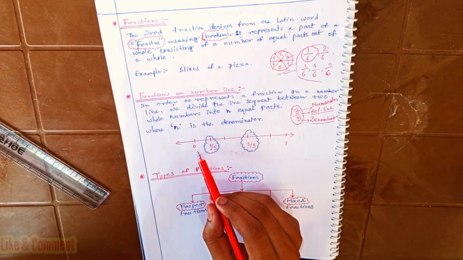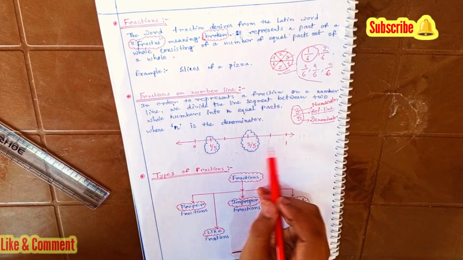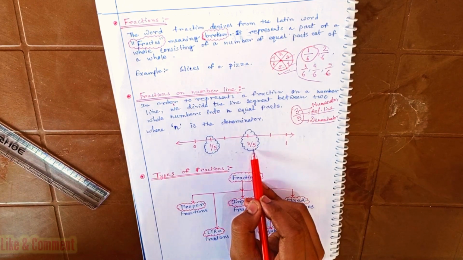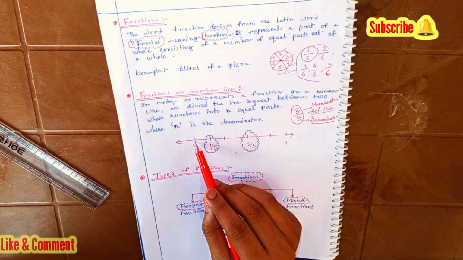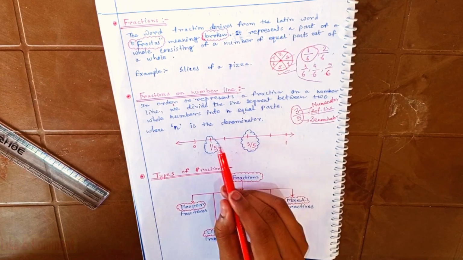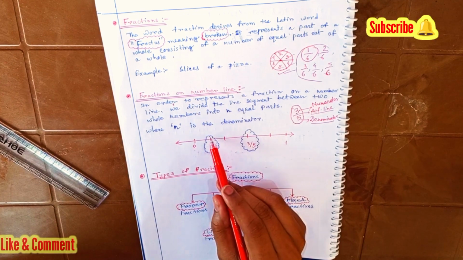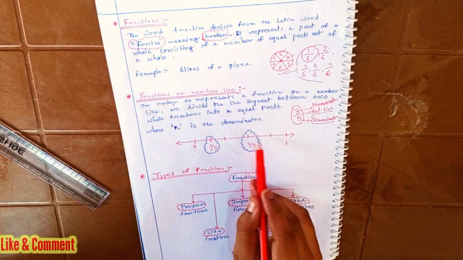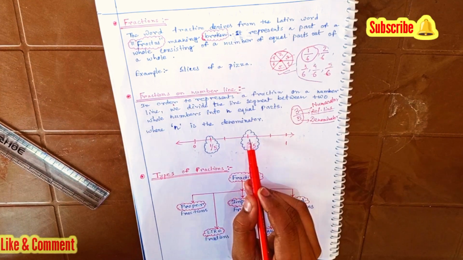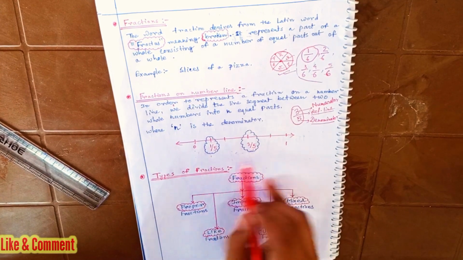In the number line, that is 0 and that is 1. Between 0 and 1 there is 1 by 5, 3 by 5, because 0, 1, 2, 3, 4, 5. After the 0, that is the first part, and the total part is 5. That's why this is 1 by 5, and this is the third part of the total 5.